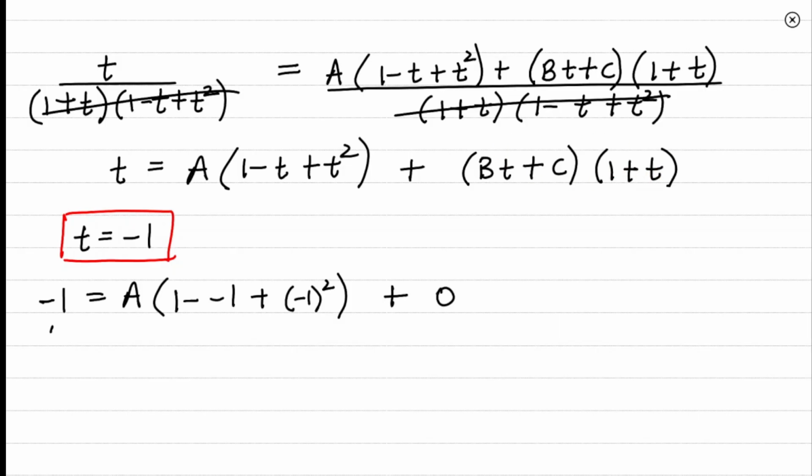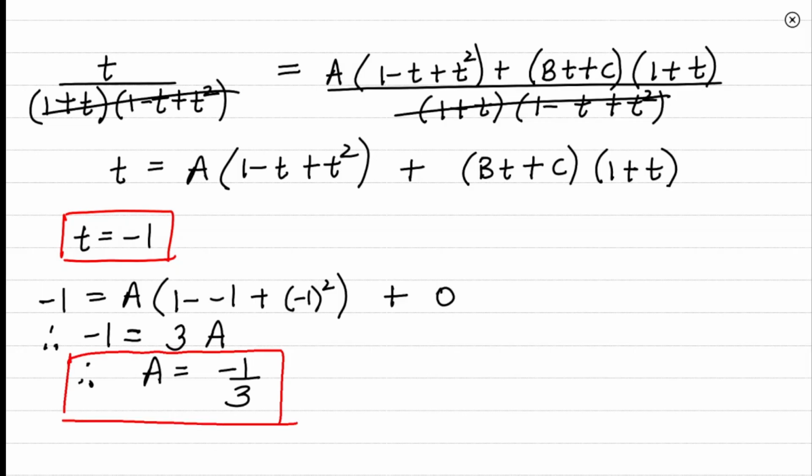So minus 1 is equal to, this is 1 plus 1 is 2, and this is also 1, so 2 plus 1 is 3, so you'll get 3a. So immediately you end up getting a is equal to minus 1 by 3. So that's the value of a that we get. How simple that was when you were able to substitute the right value of t.